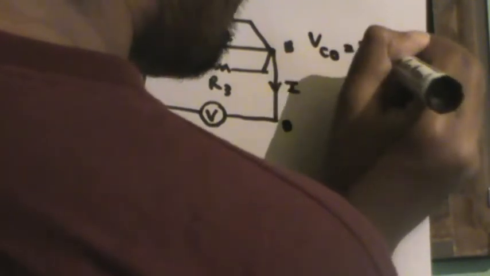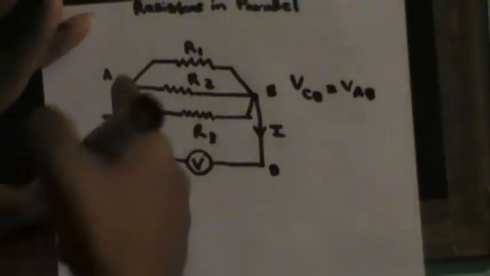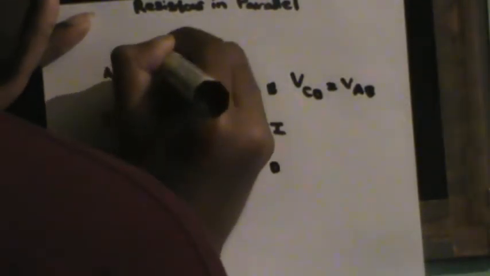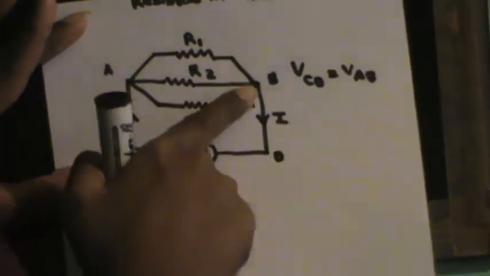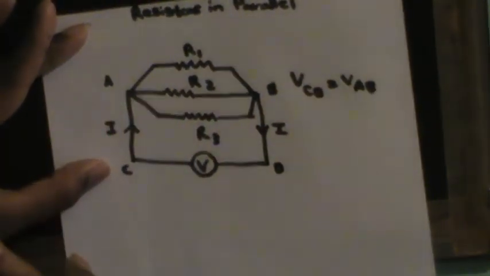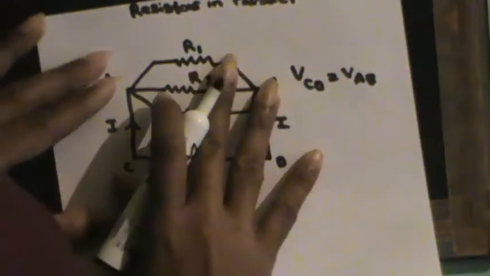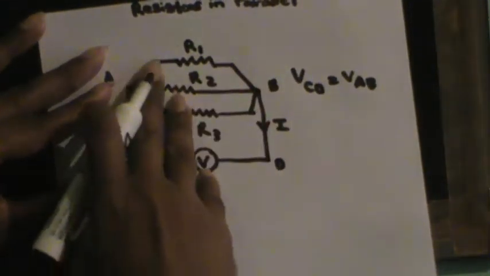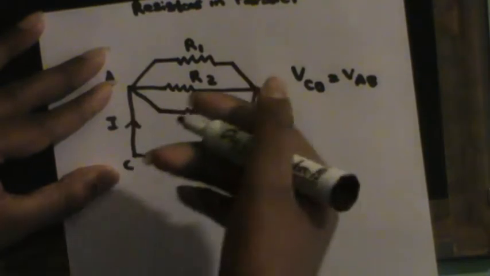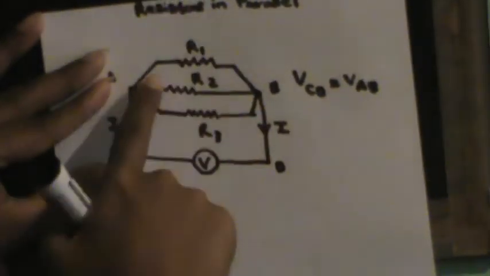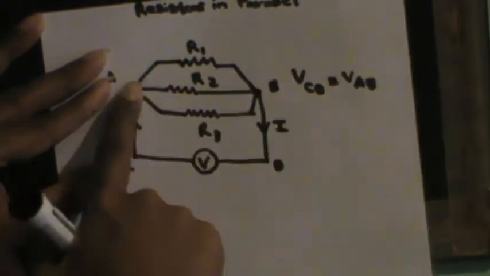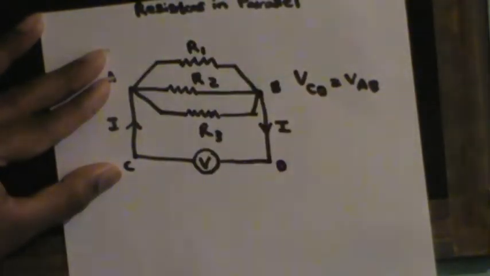Since VAB is common to all these regardless of the path, consider each loop. I'll explain the concept of a loop in another video. This loop has a resistance of R1, because it is connected to a resistor of R1, and assuming there is no resistance in the wires, the total resistance in this loop is R1, in this loop it is R2, and in this loop it is R3.